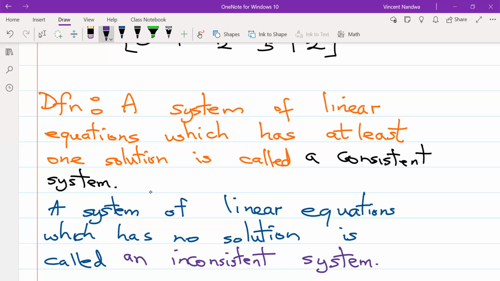And the last case is that the system can have no solution at all. So any given system of linear equations will lie in any of these three categories: either one unique solution, many solutions, or no solution at all.